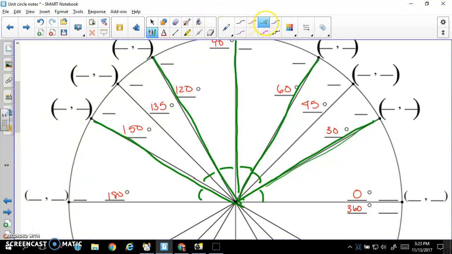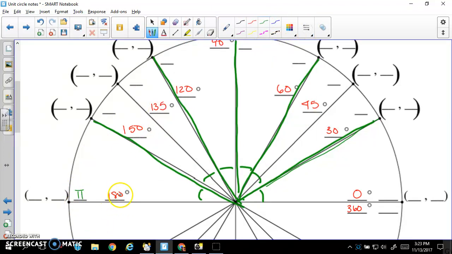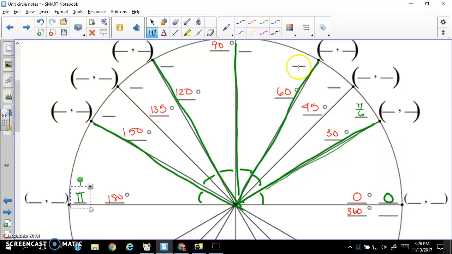So I can break this all down if I know that this is pi, because we've already discussed that 180 degrees is equivalent to pi, and this is 0 radians. So I'm going to break this down 6 different ways. This is pi divided into 6 pieces. This is 1/6 of pi.